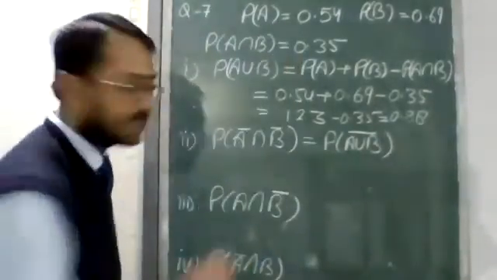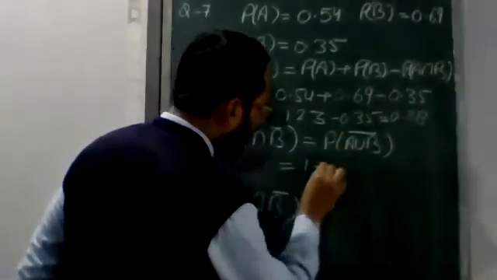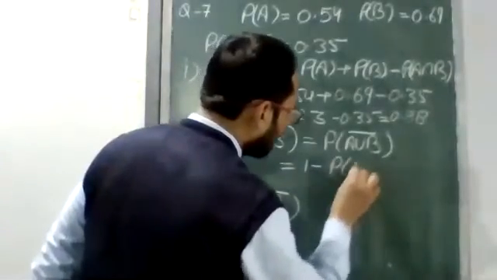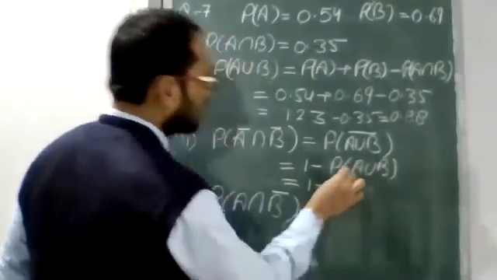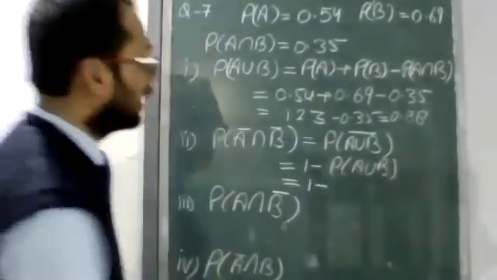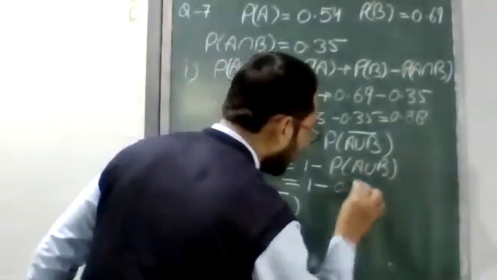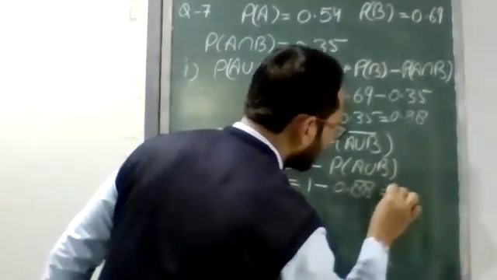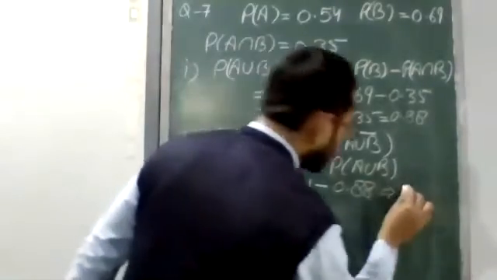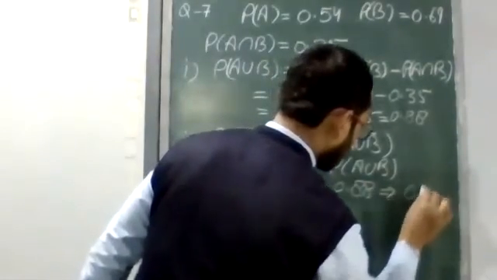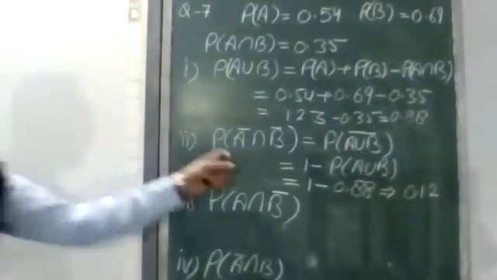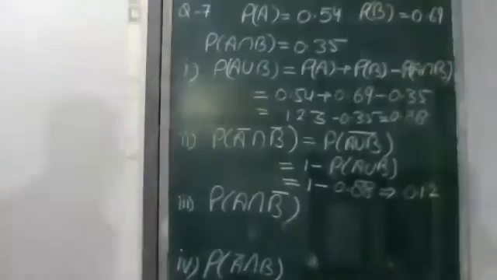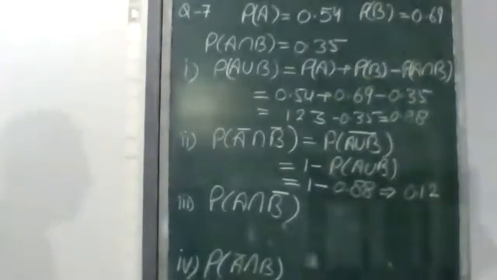That can be said as 1 minus probability of A union B. That is 1 minus 0.88. That gives me the result 0.12, which is the probability of not A intersection not B. So hope you are able to understand this condition also.